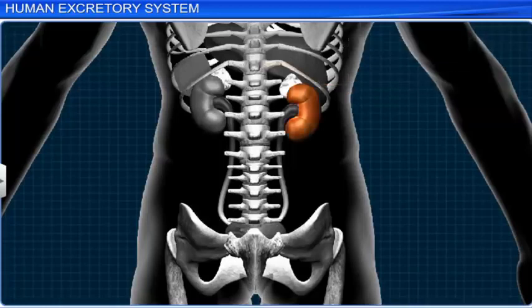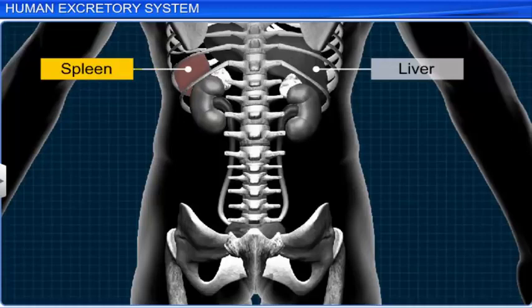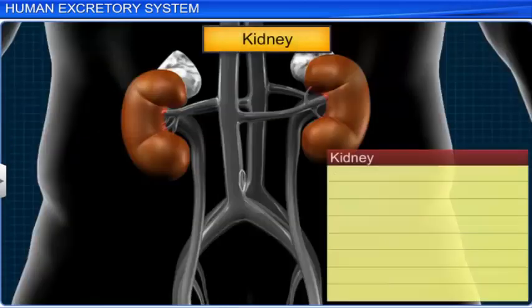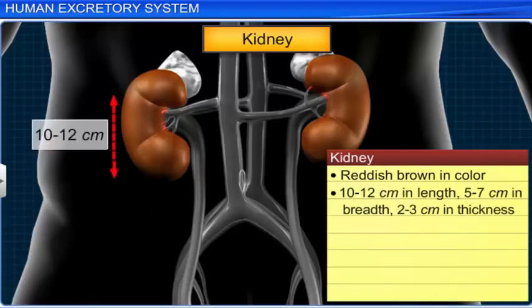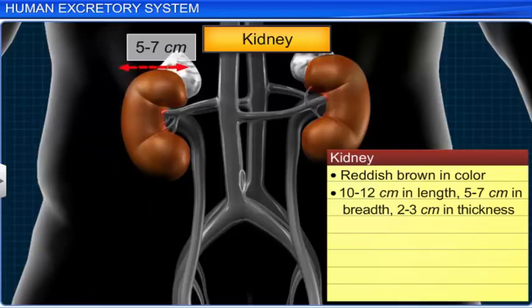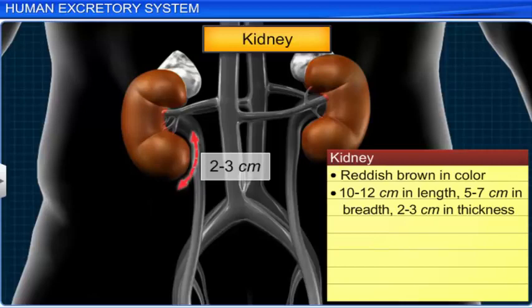The right kidney, which is near the liver, is slightly lower than the left one, which is adjacent to the spleen. The kidneys are reddish-brown in color. In an adult, each kidney measures about 10 to 12 centimeters in length, 5 to 7 centimeters in breadth, and 2 to 3 centimeters in thickness.